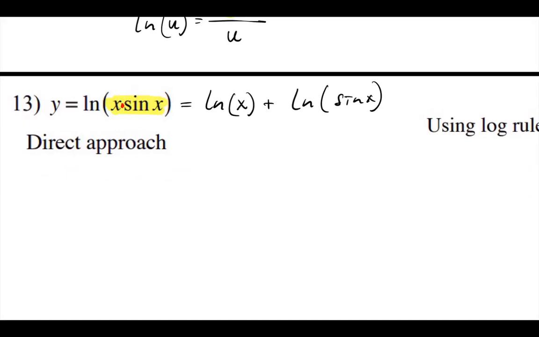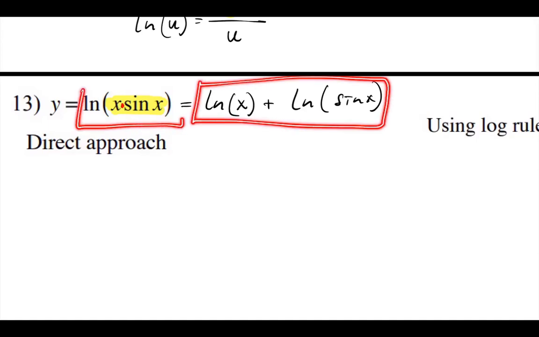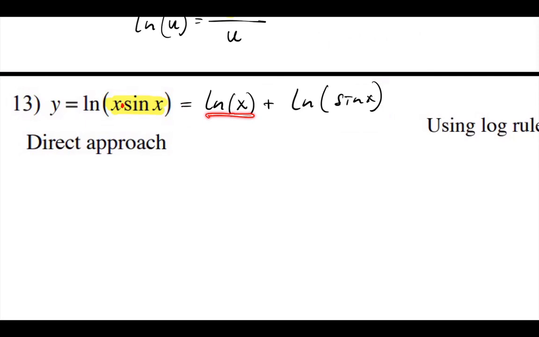Now, this guy right here looks a lot easier to solve than this guy right here. Just because natural log of x is just 1 over x. Natural log of sine, the derivative is cosine over sine, you're done. This guy over here, though, we're going to have to use product rule. Again, you can do it, okay? I'll do it both ways if you want me to, and show you that you get the same answer, okay? So let's do the direct approach. Direct approach first means product rule, okay?